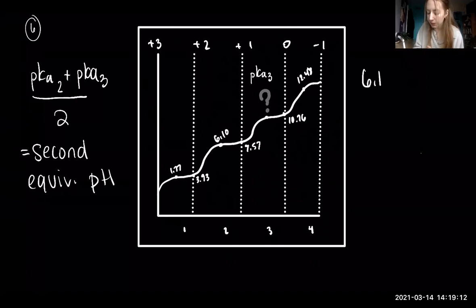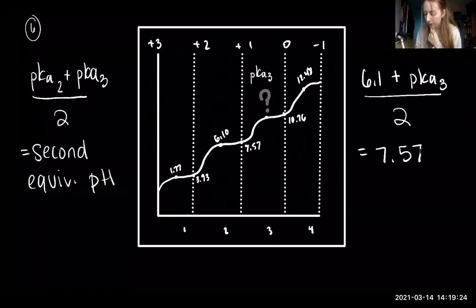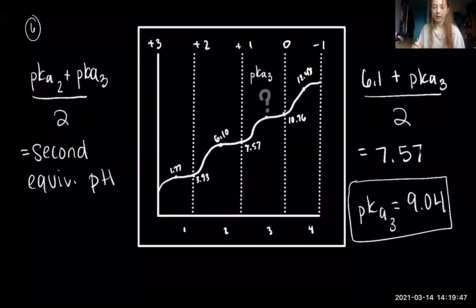So we'll do 6.1 plus pKa3, which we don't know, divided by 2, and this is equal to 7.57. Okay, so if we were to solve for this, we would just solve for pKa3, and we would get 9.04. Okay, any questions on this?